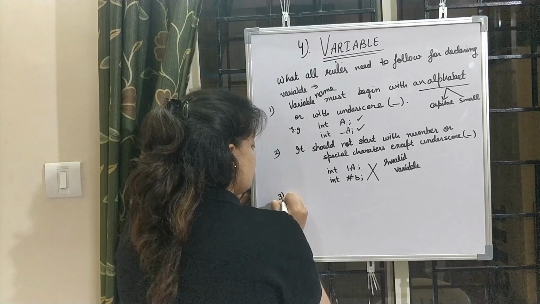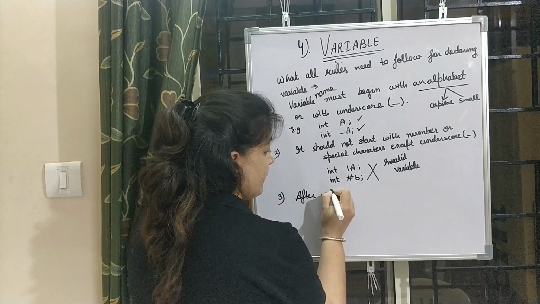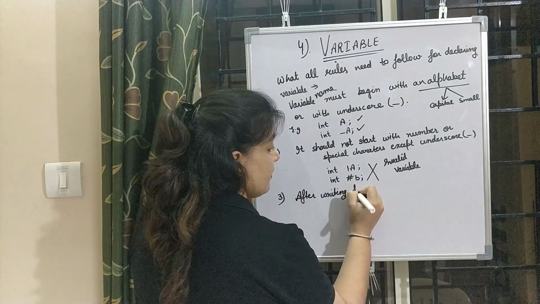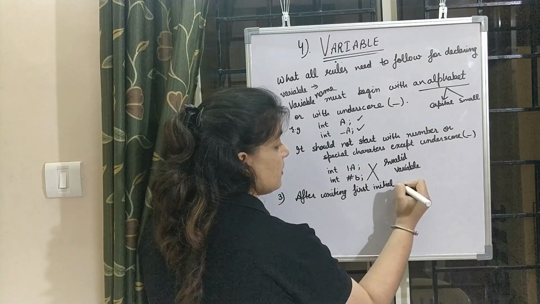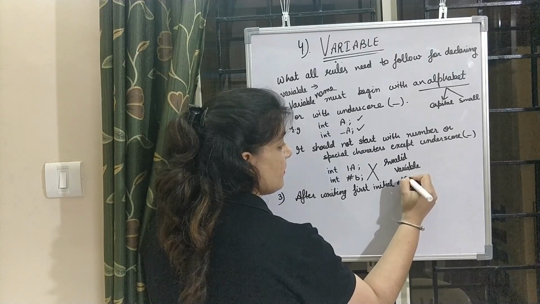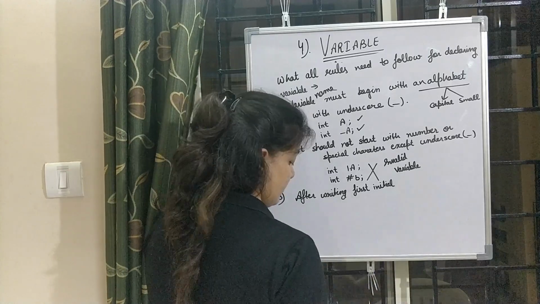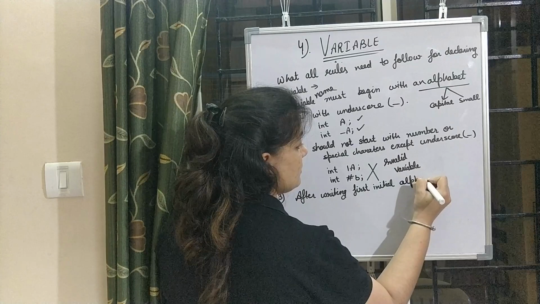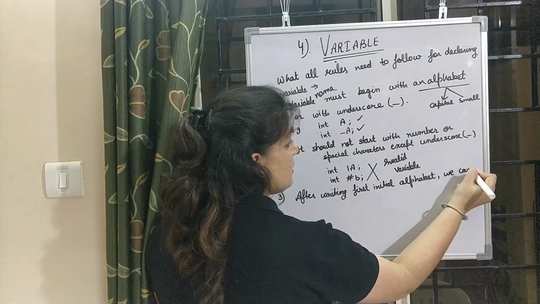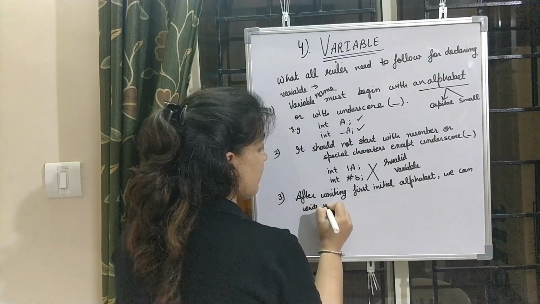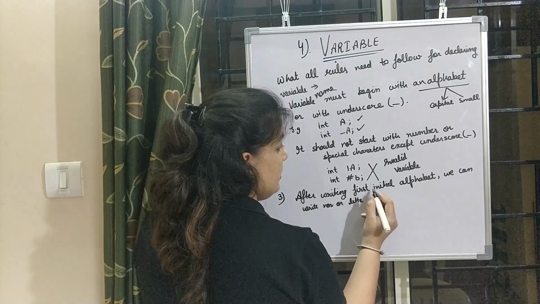Now the third rule is, after writing the first initial alphabet, we can write numbers or letters along with that first initial alphabet.